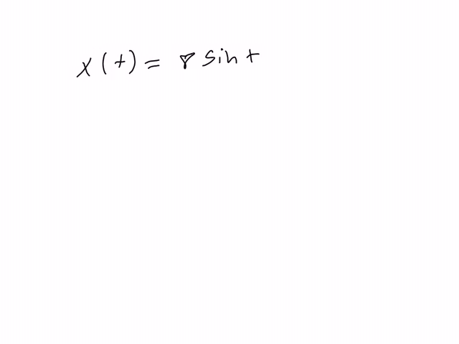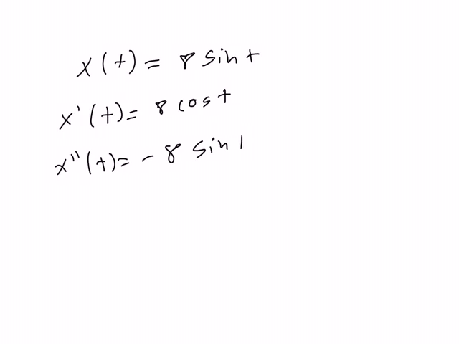We're going to do the same thing that we did before with the particle. This is the velocity. It's going to be 8 cosine t. And the acceleration is going to be negative 8 sine t.